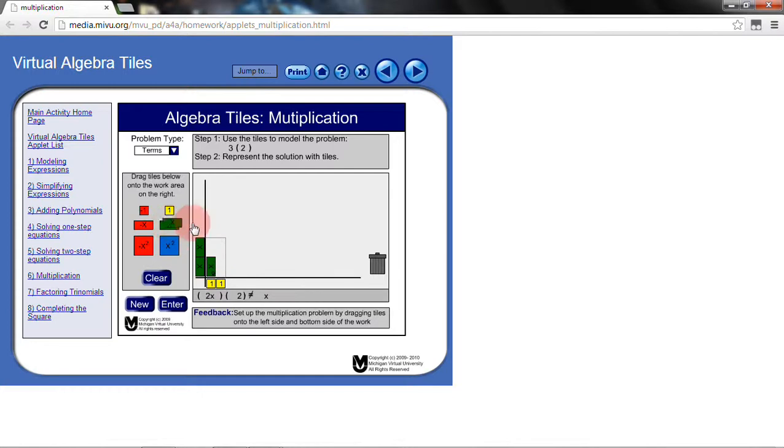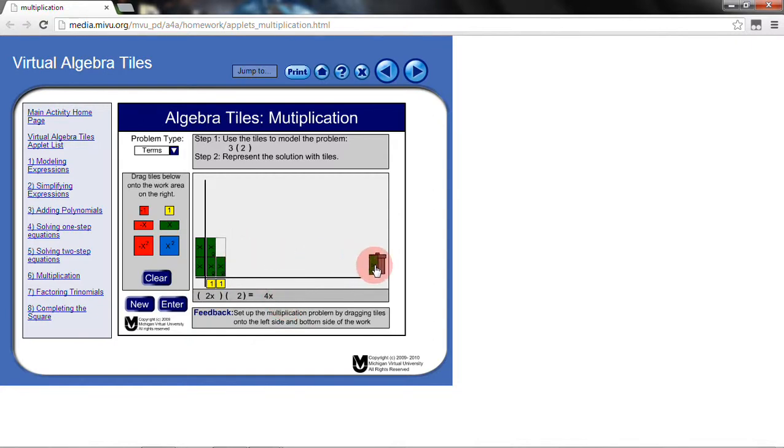So if I was going to finish this problem, 1 times x is x, and 1 times x is x, and 1 times x is x, which equals 4x. And down here at the bottom, it kind of keeps track for you, which is something that I really like.